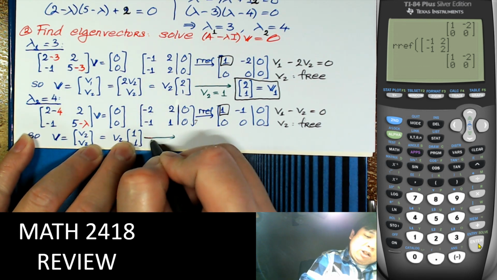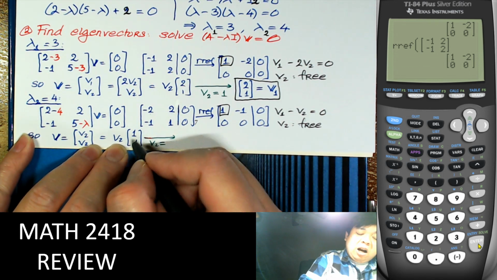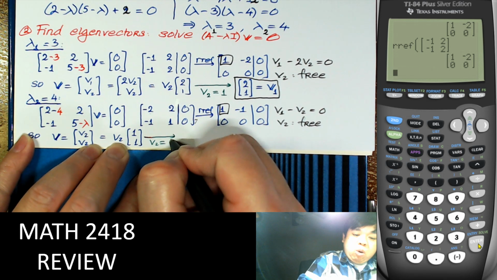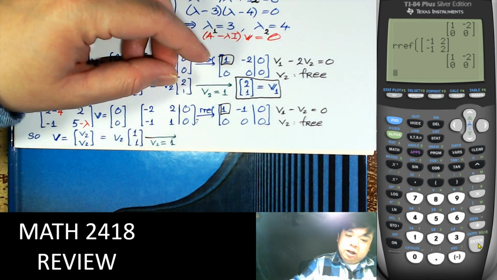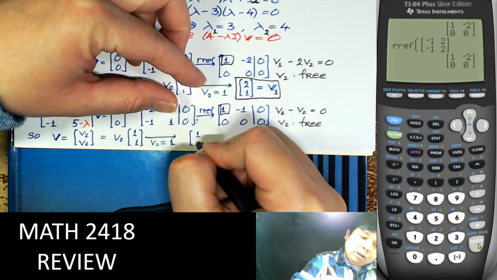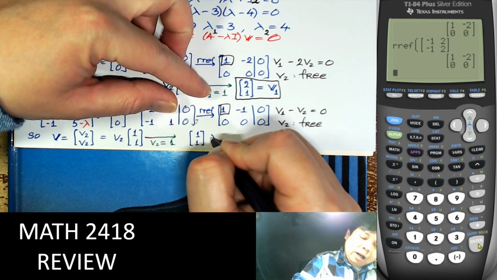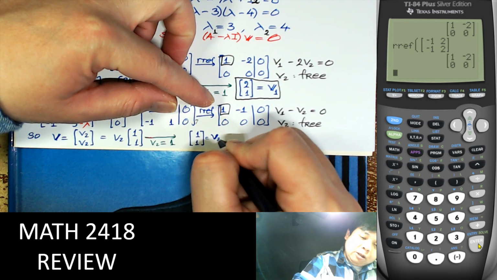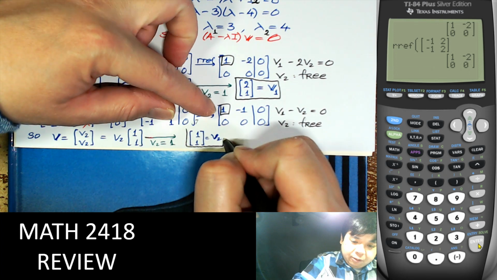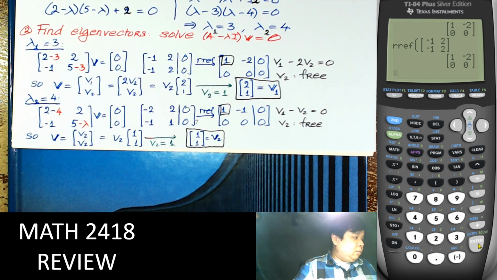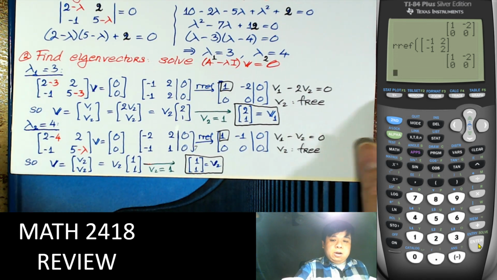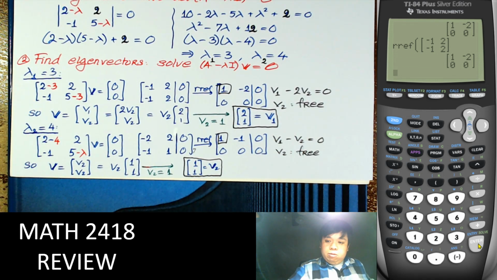So in that case, we just choose v2 to be something so the vectors come out nice and even, and we choose 1. So we have v2 is just 1 and 1, and that is v2.